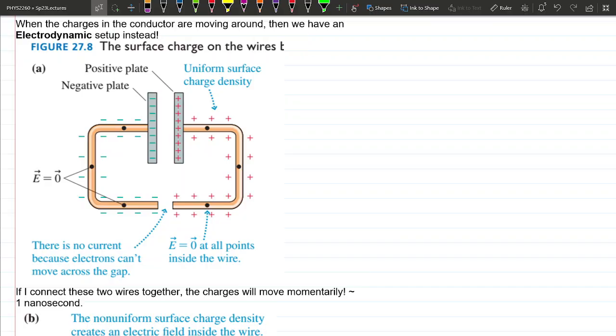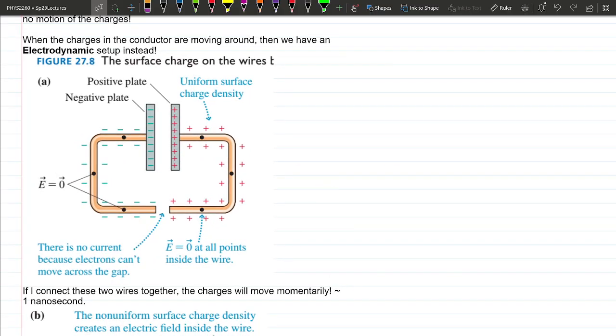All the charges will reside on the surface of the conductor, just as Gauss's law told us. But the electric field inside that conductor is zero, so nothing is moving.